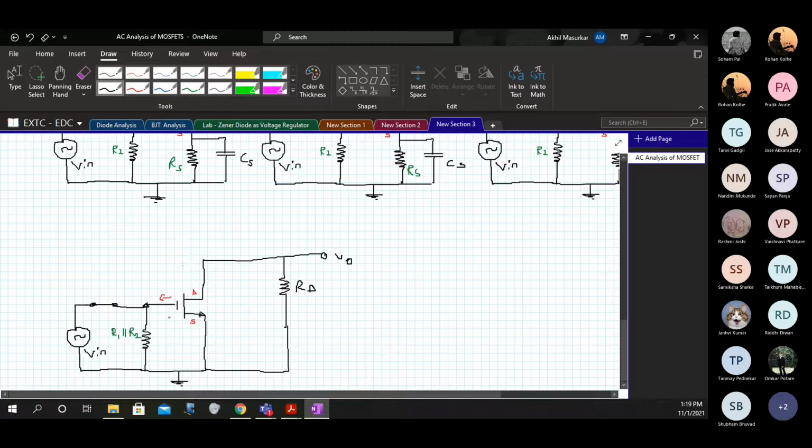Like this. So now the only step that remains is to substitute the model of this symbol in the circuit. So now what you will get here is, you can start with V in, then R1 parallel with R2. Then we have the MOSFET symbol. So let me insert that. So this is the model of the MOSFET.